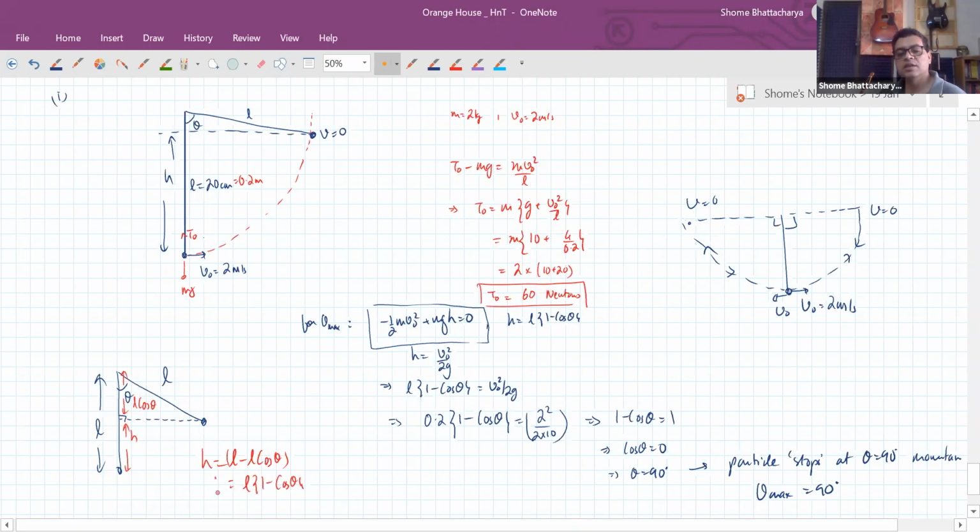You should know how to do this calculation of h in terms of theta. This is what you are asking, right? Is it clear now?